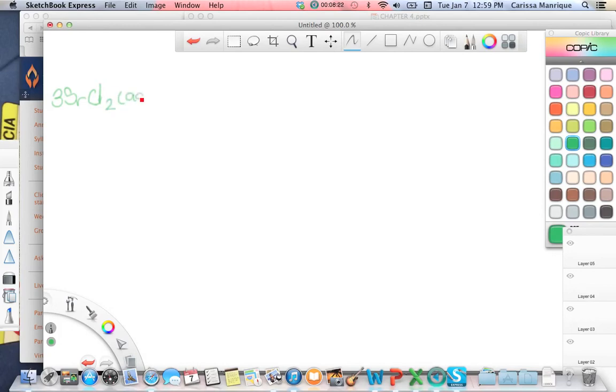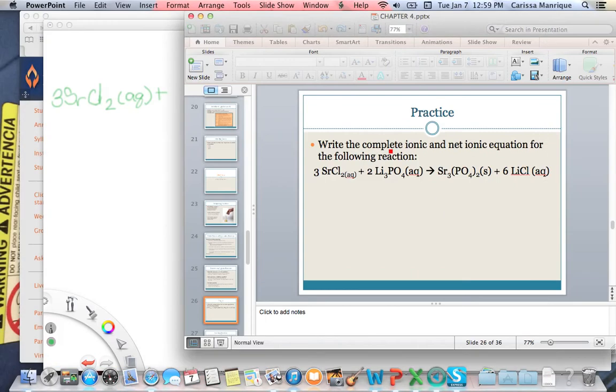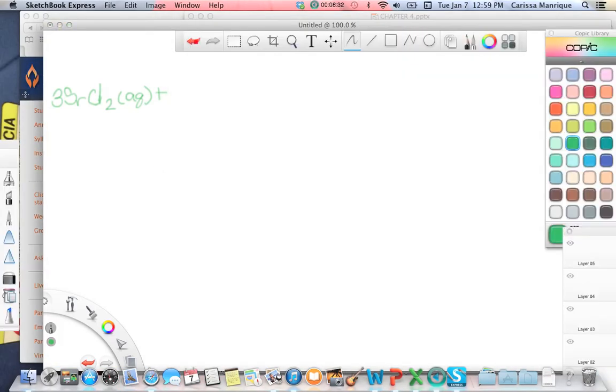That's important to know because that means it will dissolve. Plus 2 Li3PO4, and that one was aqueous.